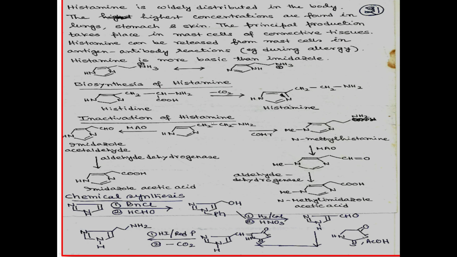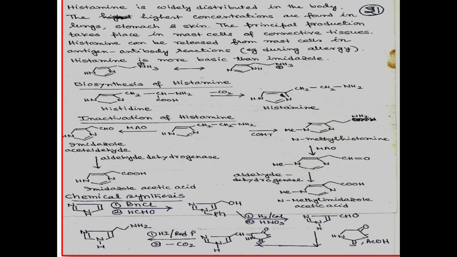As we have already discussed in such cases, two important things happen: a combination of monoamine oxidase, and the other one is catechol ortho-methyl transferase. In any sequence it may work, either first MAO then COMT, or first COMT then MAO, and histamine will get inactivated.